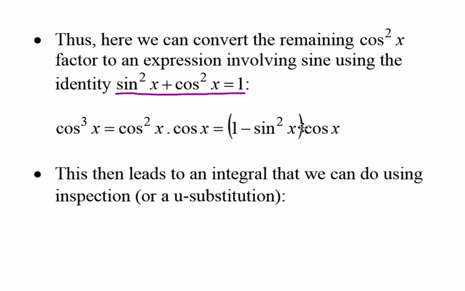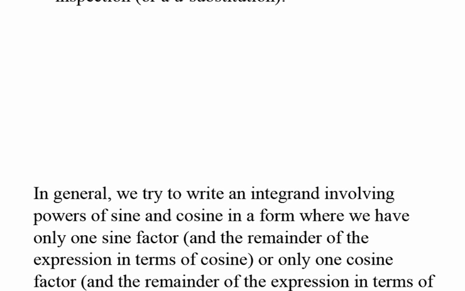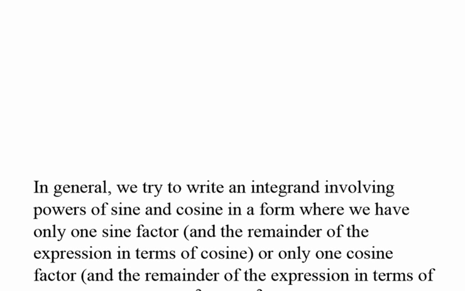Once I've done this, it's going to make my integral much easier to work with, and we can then use inspection, preferably, because I think it's a quicker method. Otherwise, you can use a u-substitution. So let's have a look how we can do that. All right, so remember that we are integrating cos cubed x with respect to x.